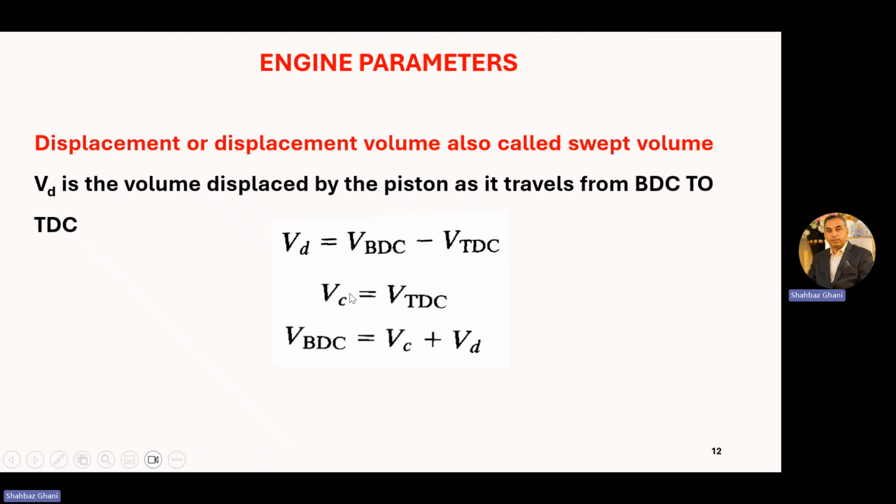So we can replace this: volume at BDC is equal to clearance volume plus displacement volume. So the total volume at BDC is the combination of clearance volume plus the displacement volume.